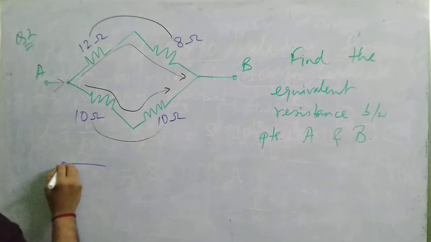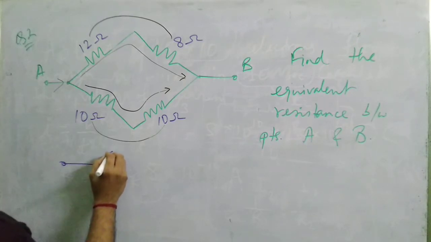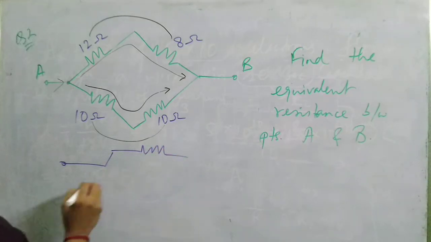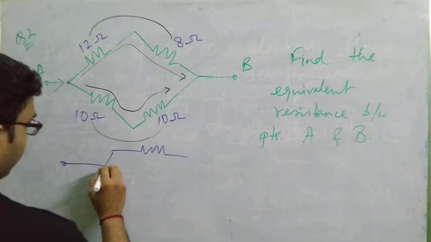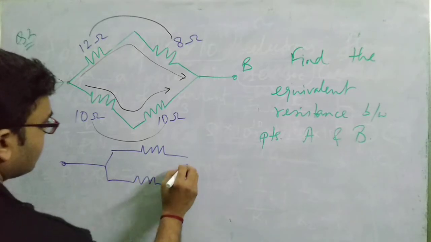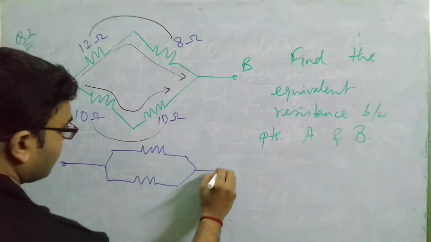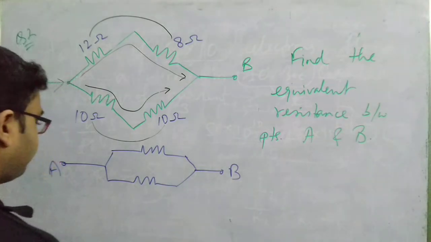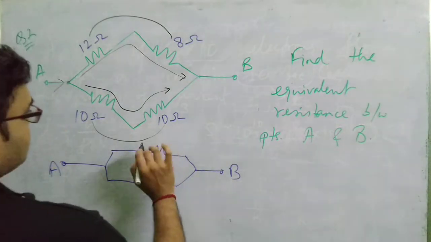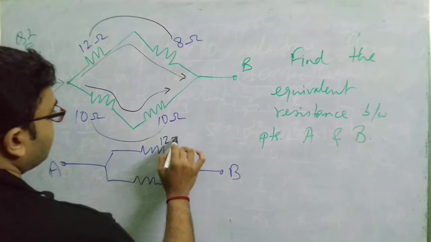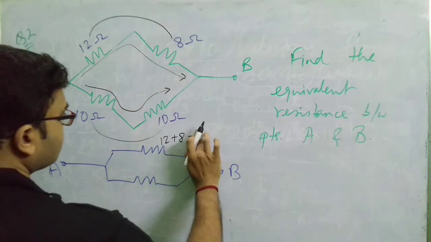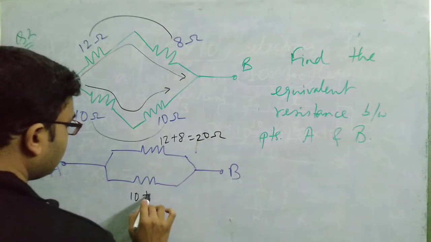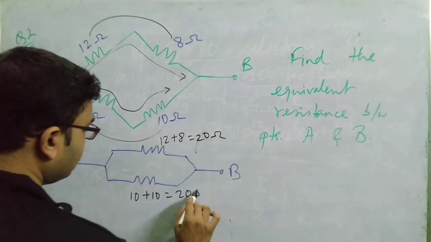Here is A. So 12 plus 8, how much does it come out to be? 20 ohm. And this 10 plus 10 comes out to be 20 ohm. This is point A, this is point B.